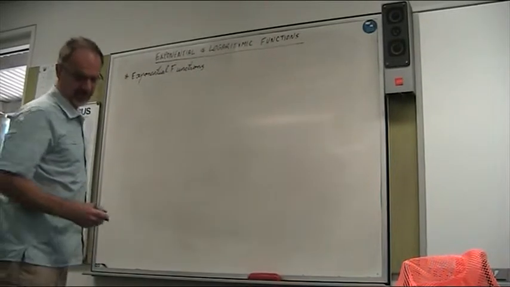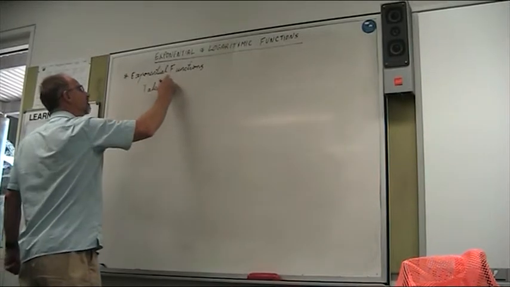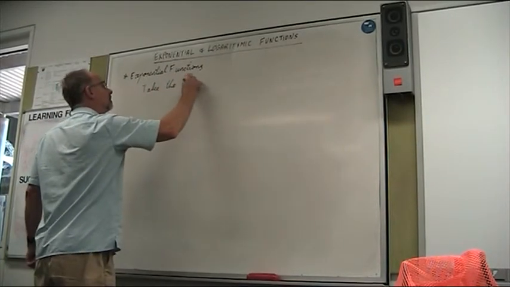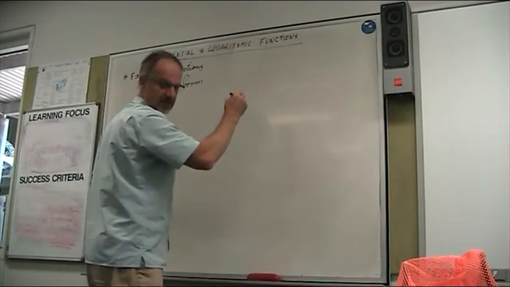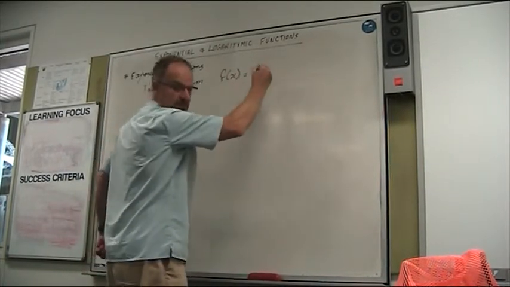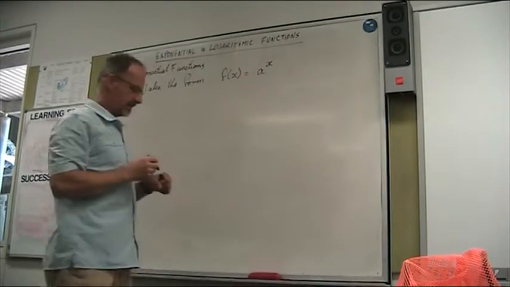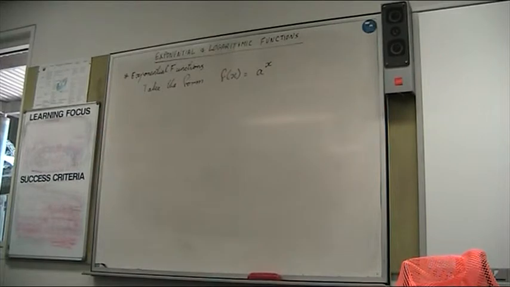Exponential functions have this form: f(x) is equal to a^x, where a is some number and x is the power.